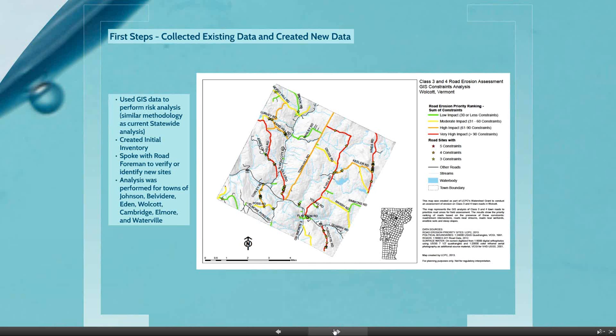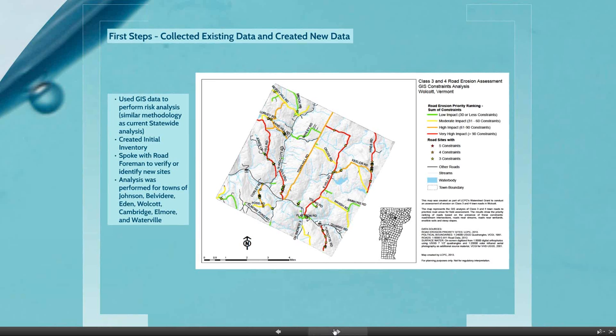And this analysis was done for the towns of Johnson, Belvedere, Eden, and Wolcott. And I believe Wolcott, Cambridge, and Elmore were done last season. Waterville, Johnson, Belvedere, and Eden were done just this most recent season.